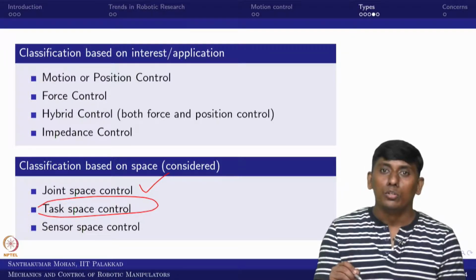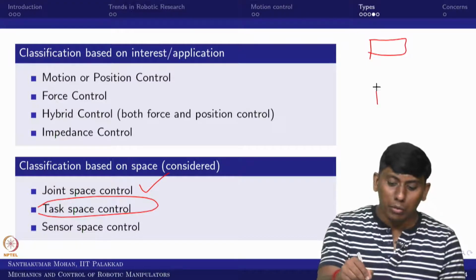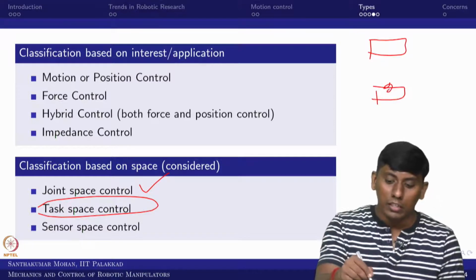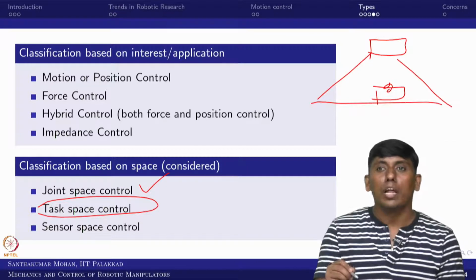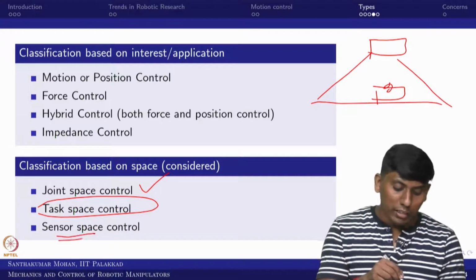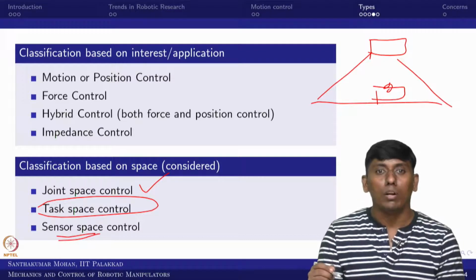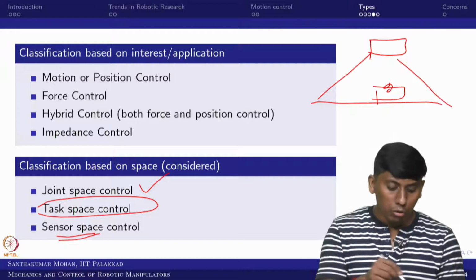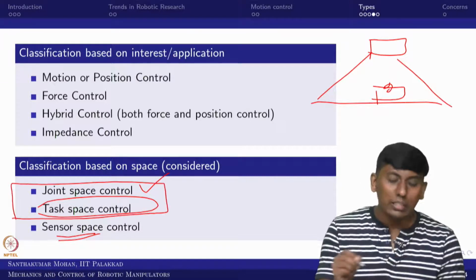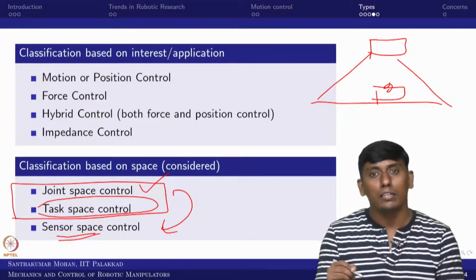In this case you have, for example, a camera put on the top, but your manipulator is working somewhere here. Based on this, I can modify all the desired things. That is what you call sensory task space, and simply people call it sensor space control. In olden days we called only task space and joint space. Now the modern community has brought in the sensory task space.